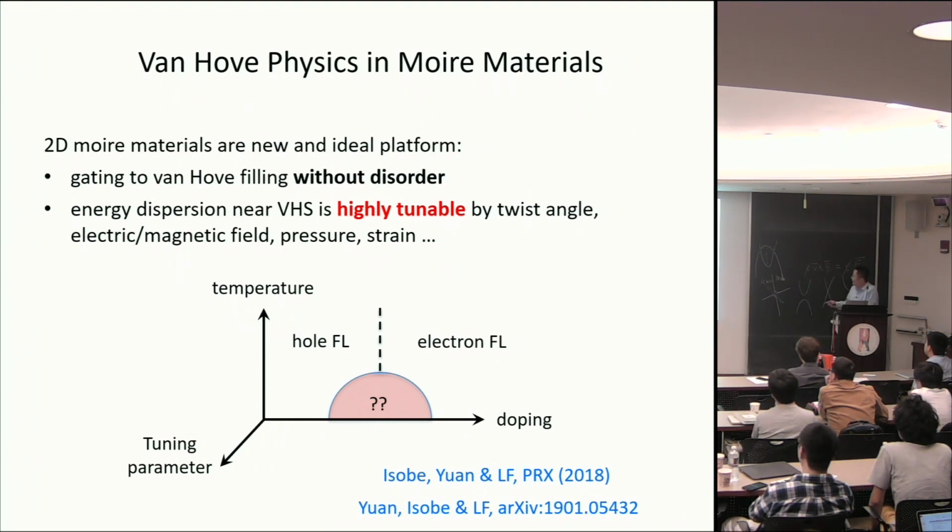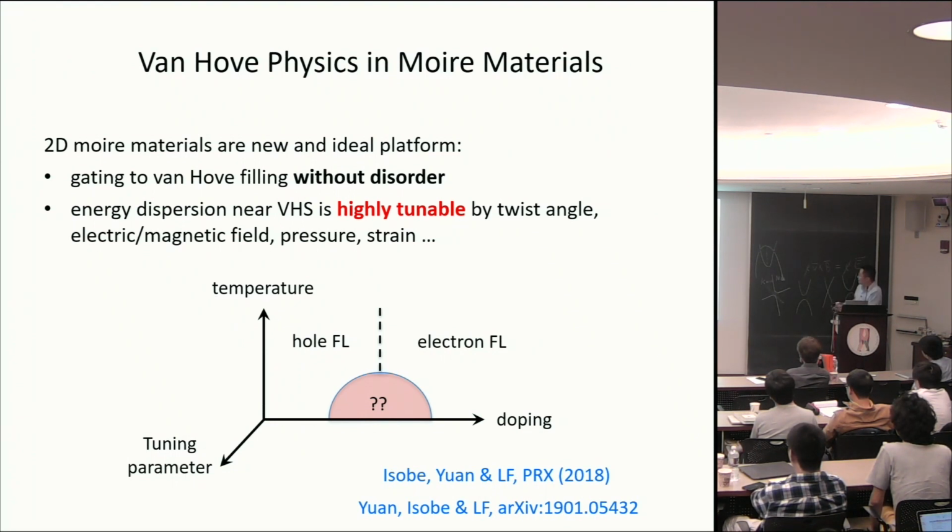Moreover, these 2D materials, as you heard from Feng, are also tunable by electric fields, by strain, by twist angle. So not only can we put the Fermi energy at the Van Hove singularity, but we can also tune the energy dispersion in the vicinity of this Van Hove point. So this leads to an additional tuning parameter.